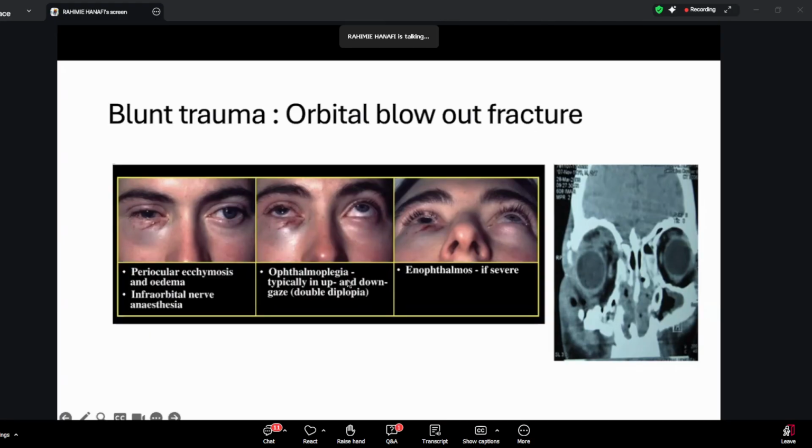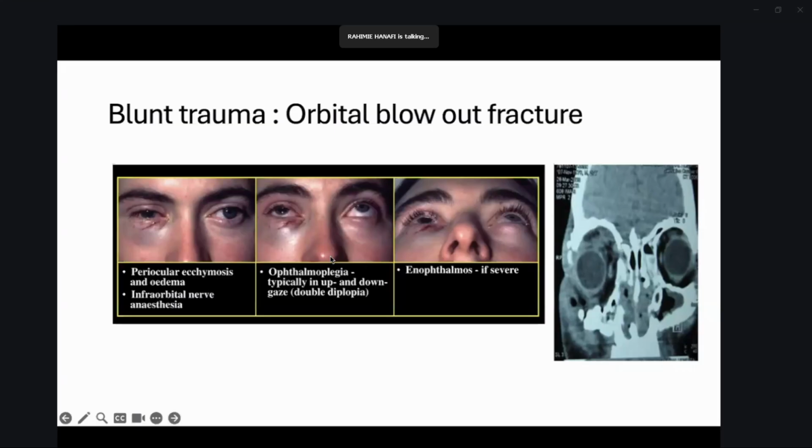And if we ask patient to check for the extraocular movement, try to look up, you can see that it's not similar between the 2 eyes, okay? And patient can say that there is diplopia at the same time. So yeah, this is the CT scan of this patient. You can see that actually the floor is not there already. So this is the example.